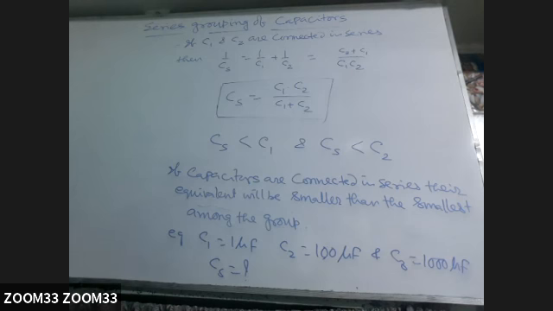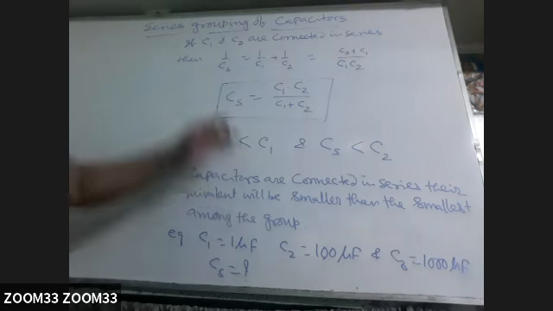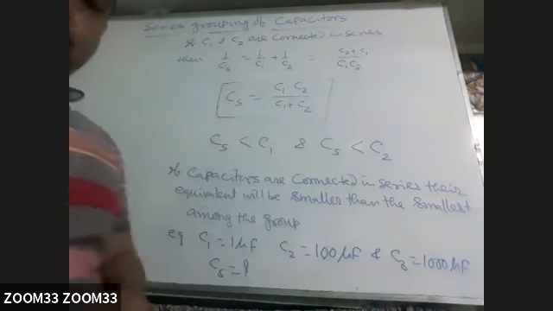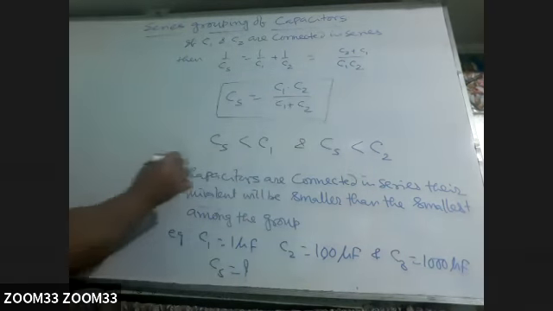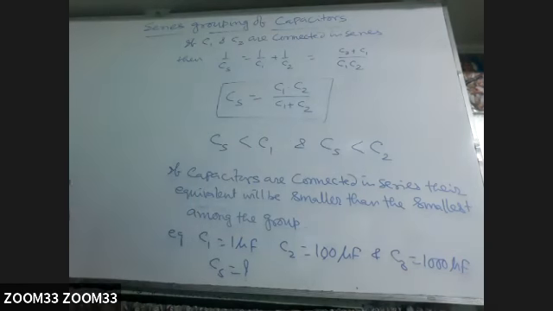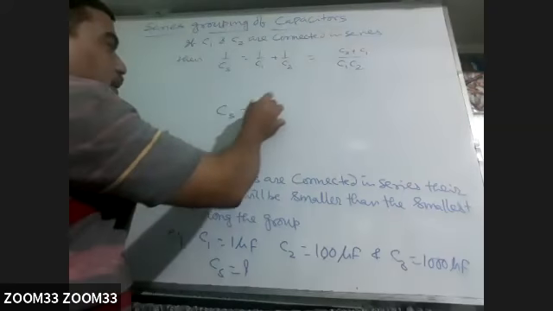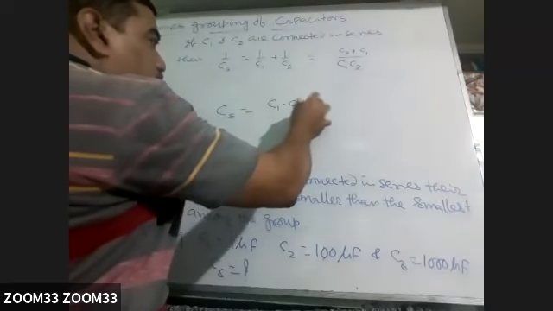How much will it come? Can we use this formula for 3? Should we use this formula like that, C1 into C2 into C3 by C1 plus C2 plus C3?